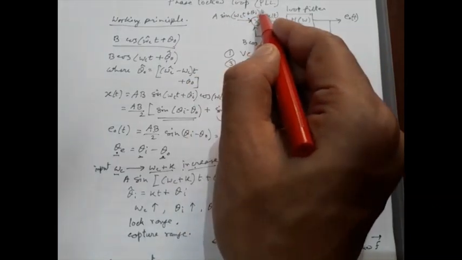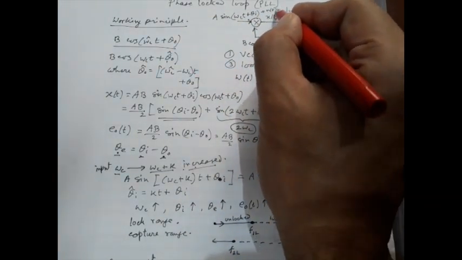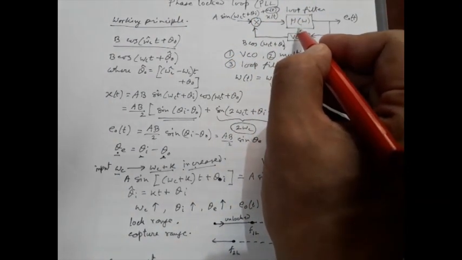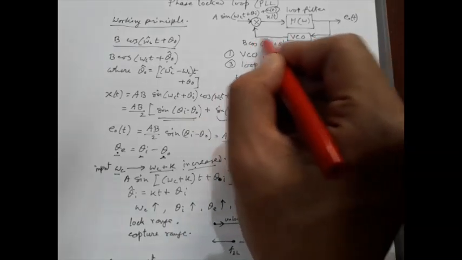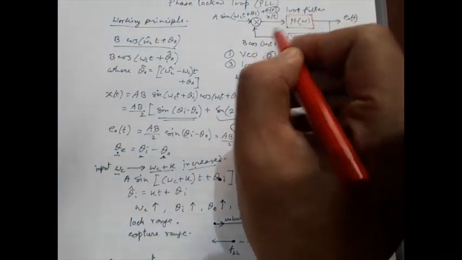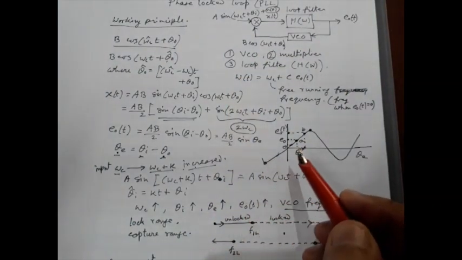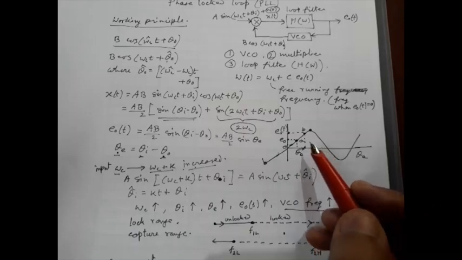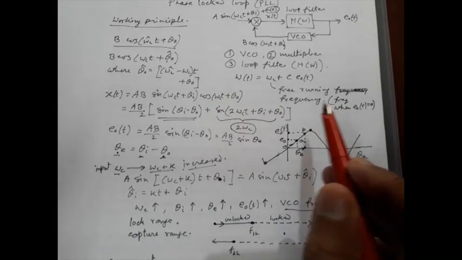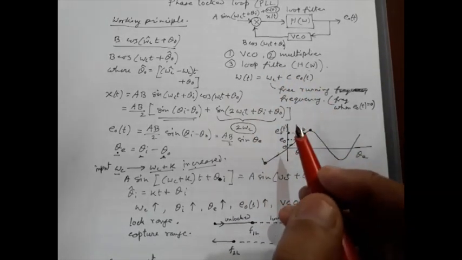So if there is some added signal plus n(t), that n(t) will not be tracked by this PLL. Here we will get a pure sinusoid like this one, and n(t) will be eliminated. That means the PLL cleans up the input signal from the noise.